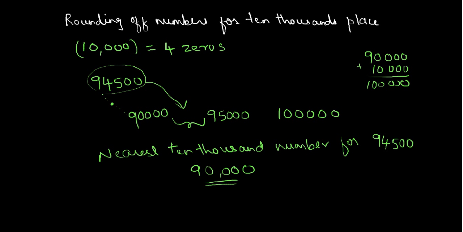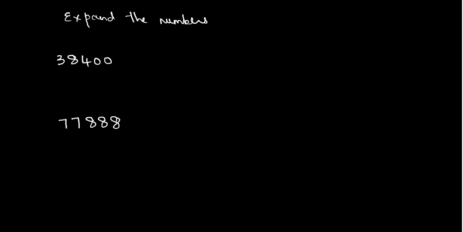Let us go to the next one, which is asking us to expand the numbers. So in order to expand the numbers, we need to know the places of each digit. Let us choose another color. This is in units place, this is in tens place, this is in hundreds place, this is in thousands place, and this is in 10,000s place.